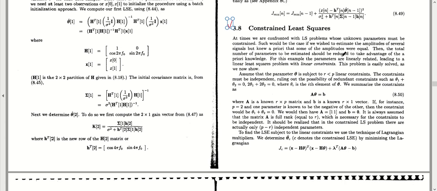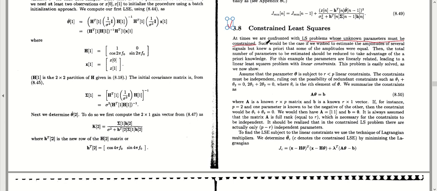Okay, so at times we are confronted with LS problems whose unknown parameters must be constrained. How come it's constrained? Think about it.